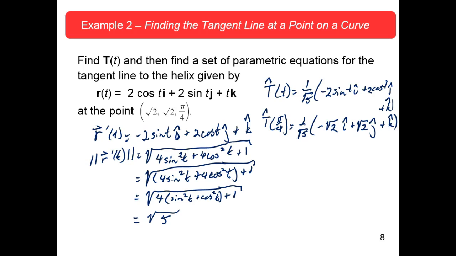Okay, so there's the unit tangent vector that basically gives you the direction. Okay, and I'm going to change something ever so slightly, even though the book did it this way earlier. I'm going to write this as minus root 2 over root 5 i plus root 2 over root 5 j. That's so ugly.